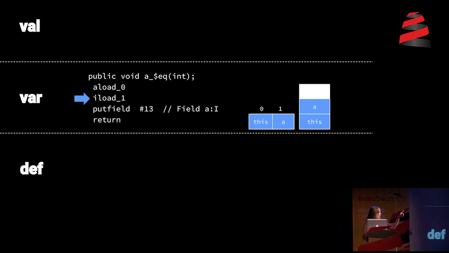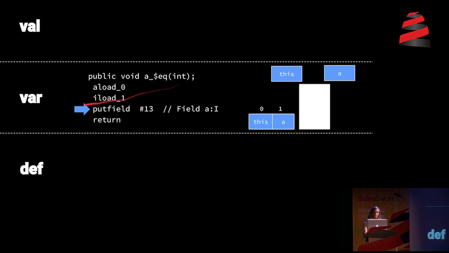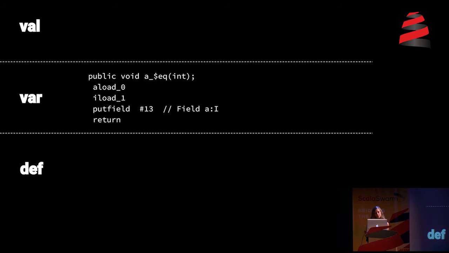A is the argument of the method, the integer argument. putfield pops the 2 elements and sets the value of the field A of the first element to be equal to the second element, and that's it. So this is equivalent to doing this.A equals A, which is a standard setter. Again, the compiler generated it for free.